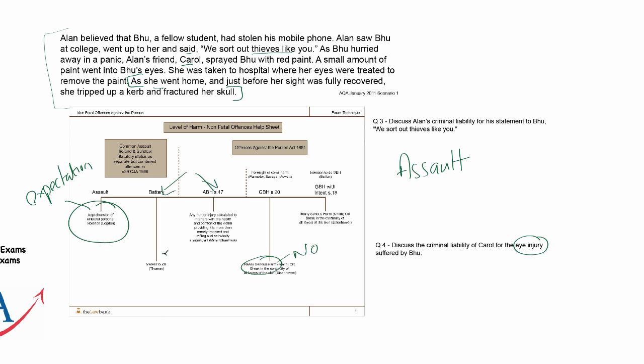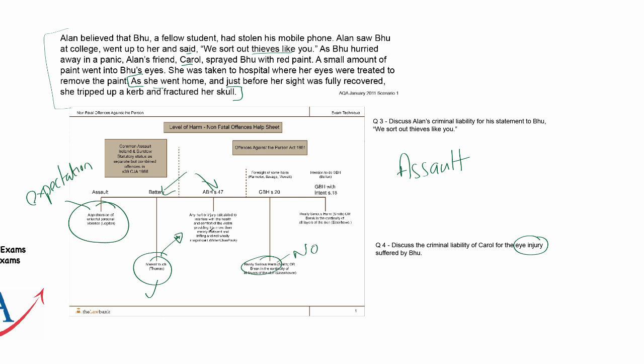Now battery says that the violence needs to be the merest touch. Well, it's certainly that. What we've got to decide is whether or not the merest touch extends to a level of harm that is calculated to interfere with the health and comfort of the victim.